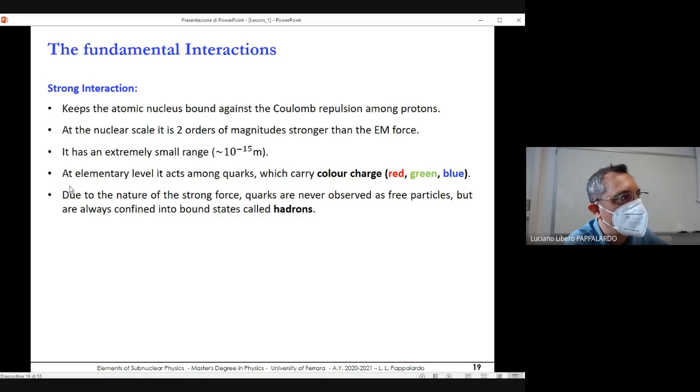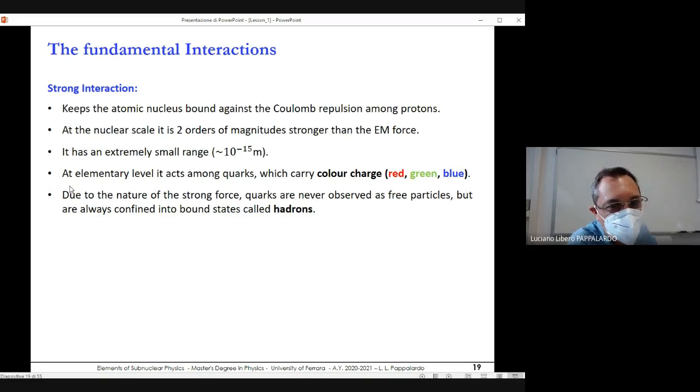So if electromagnetism were the only interaction available at the atomic scale, then there would be no way to have a bound nucleus. No way. So what we need is a stronger force, stronger than electromagnetism, with an opposite direction, which allows us to keep the nucleus bound despite the Coulomb repulsion.